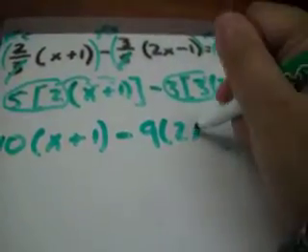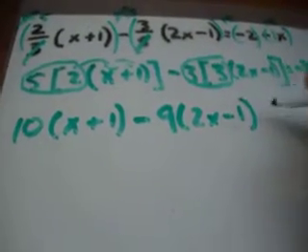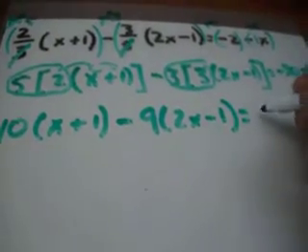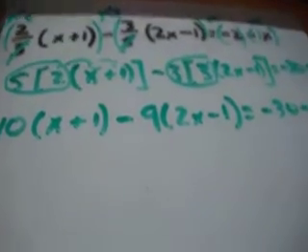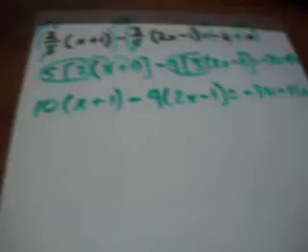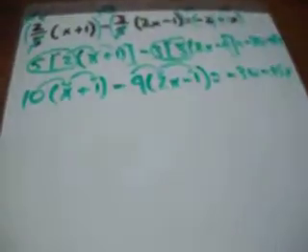Oops. There we go. Then still what's here? -30, -15x. Okay? Now distribute what's outside the bracket so we could open up these round brackets.